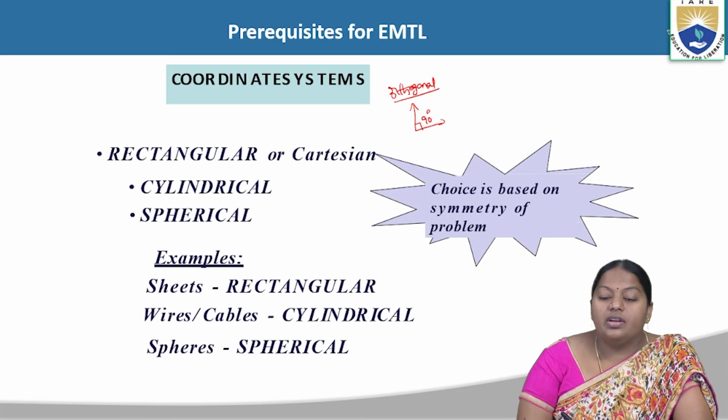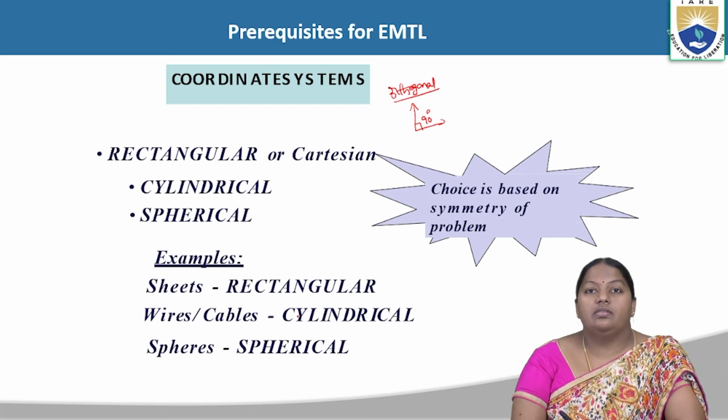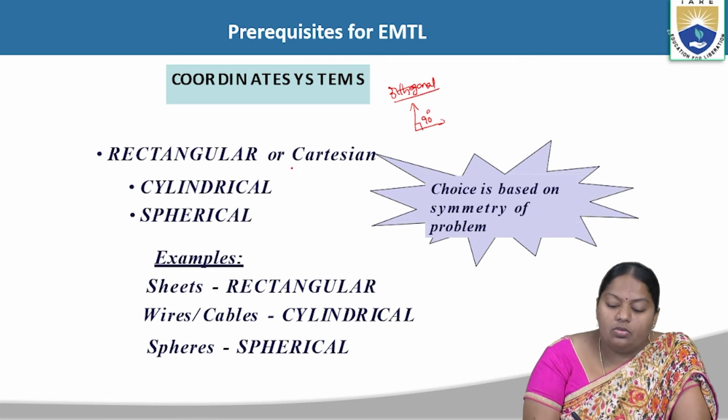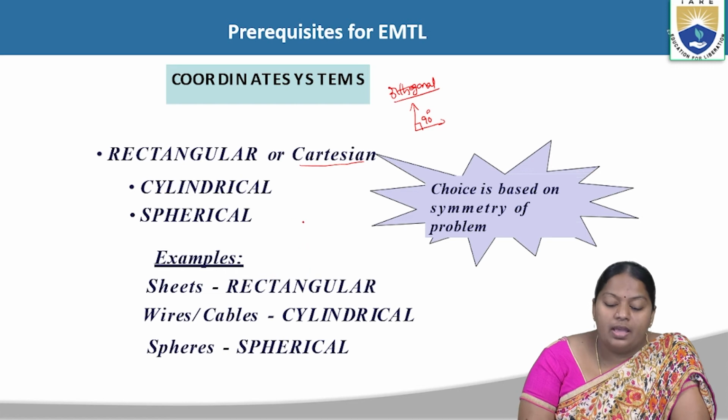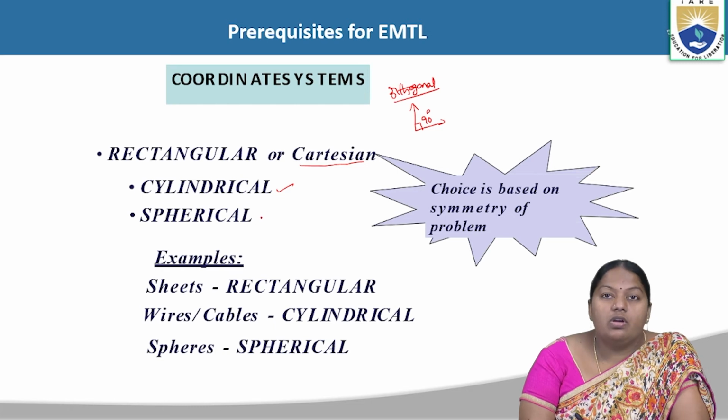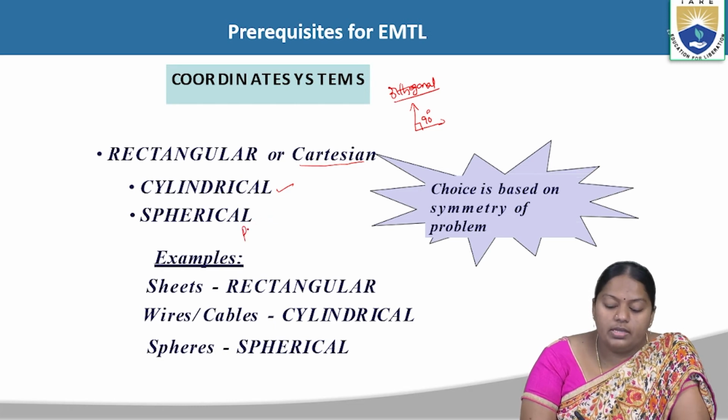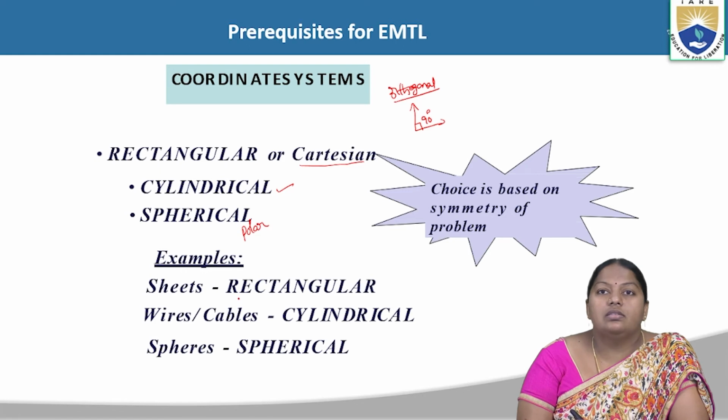There are three different coordinate systems we have considered here: the rectangular coordinate system, also called the Cartesian coordinate system, the cylindrical coordinate system, and the spherical coordinate system, also called the polar coordinate system.